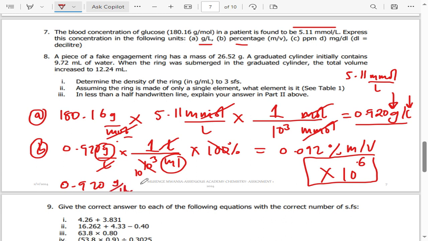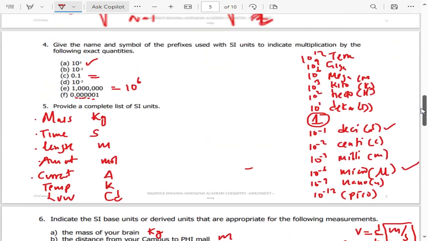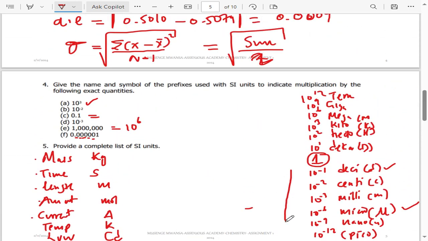So what are we going to do? I'm first going to convert a gram to milligram. So I'm going to multiply. On top I've got a gram, down I'm going to have a gram. And then on top a decigram because I want to go to decigrams. Deci, all these units which are down here, it means they are smaller than the unit without any prefix.